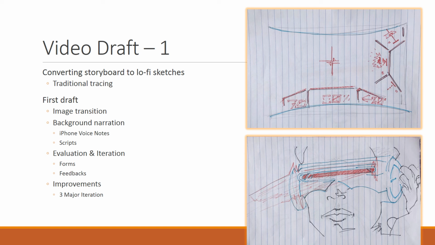After the draft was ready, it was time to get some feedback on it. I had some forms provided by my professor to evaluate the video, and they gave me quality inputs. Using those inputs we had three major iterations to improve the video and get the final video done.